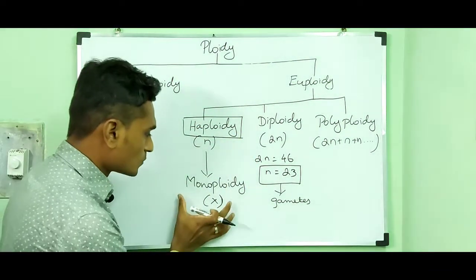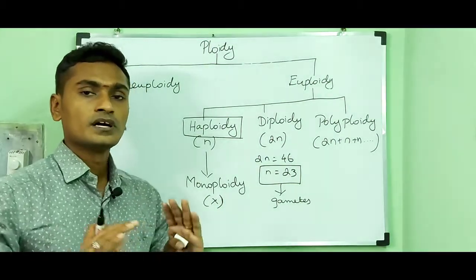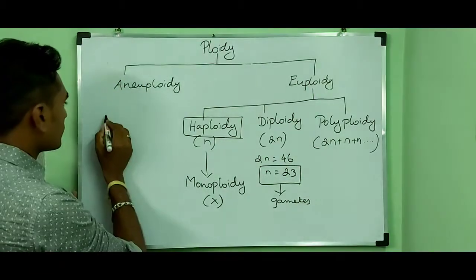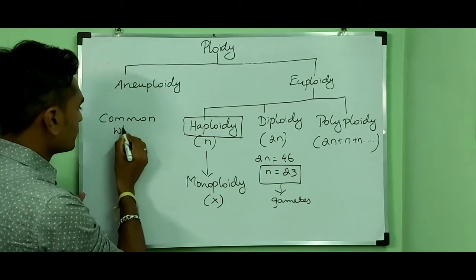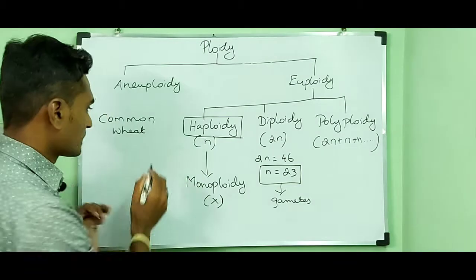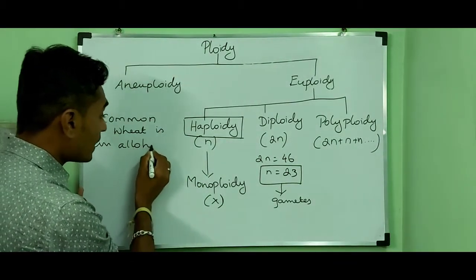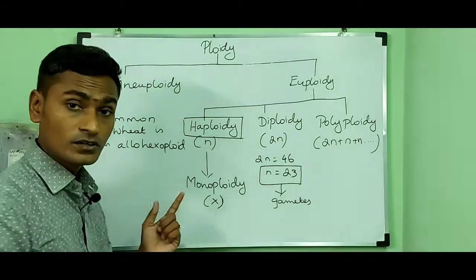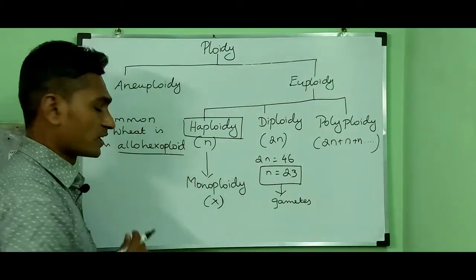Then what is monoploidy? I will explain with an example, common wheat. Wheat is an allohexaploid, so you must understand what allohexaploid means.